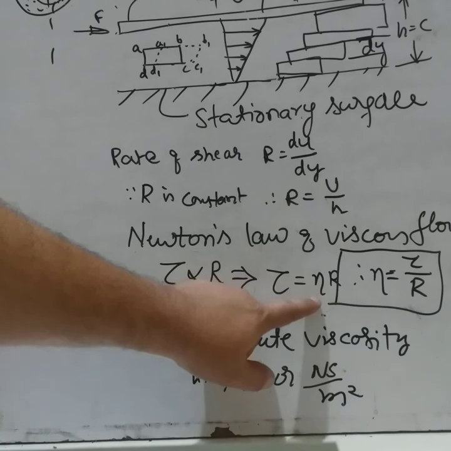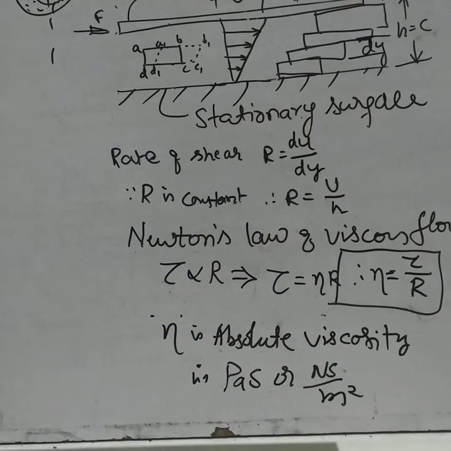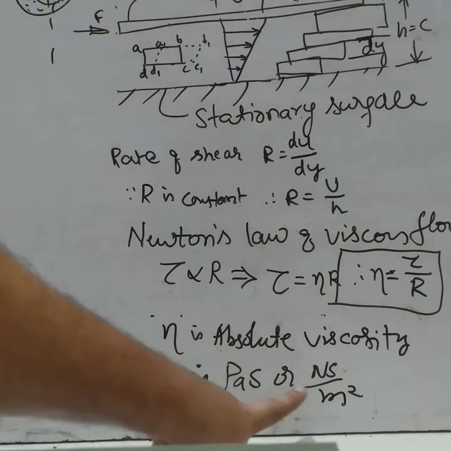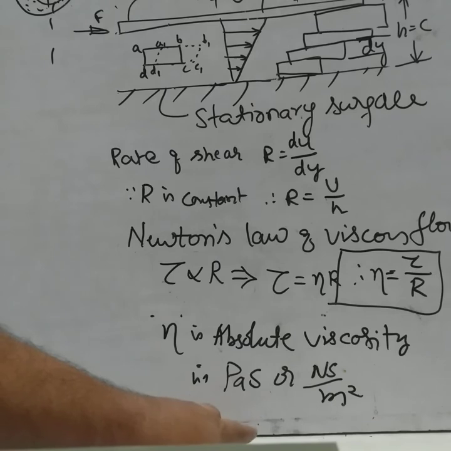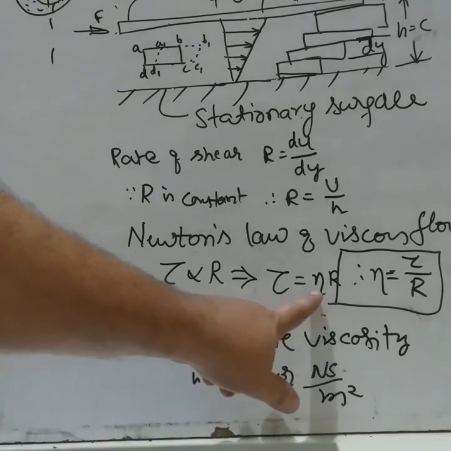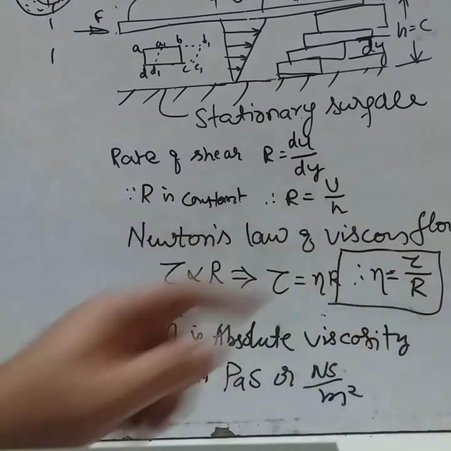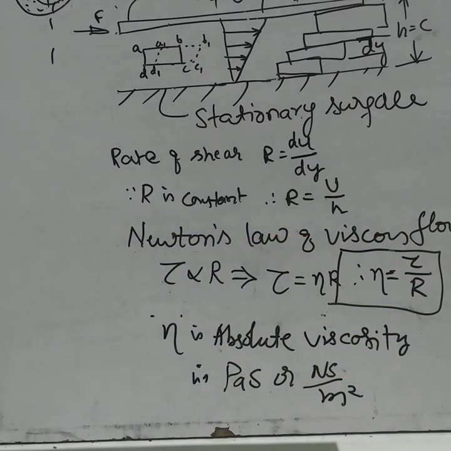This constant, eta, is called the absolute viscosity of the fluid, and its unit is Pascal second or Newton second per meter square, and then the absolute viscosity eta can be written as shear stress by rate of shear. Fine. Please note down this much into your notebook.